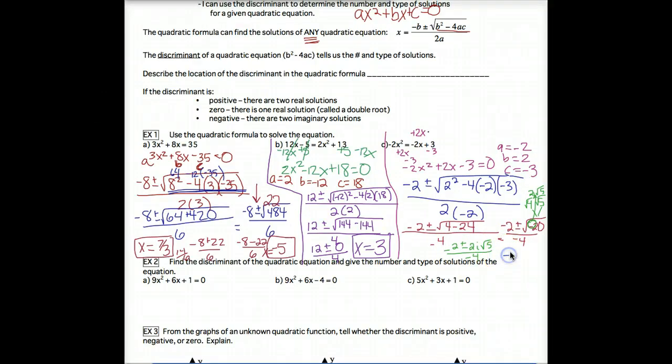So if you want to leave it negative 1 plus or minus i radical 5 over negative 2, that's fine. If you had your 1 and your 2 positive, that's also okay. But again, what I've done here is taken all of these coefficients, which were divisible by 2, and reduced them. So there is my answer right there.